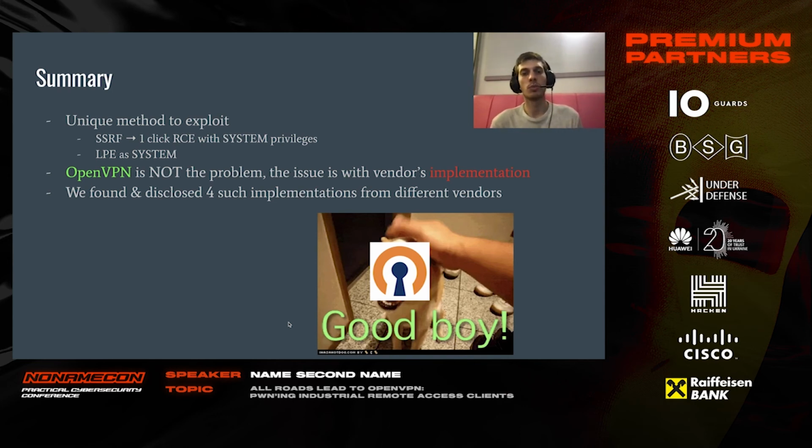In this case, it was a stack buffer overflow. But all in all, we were able to achieve SSRF to one-click remote code execution with system privileges, or at least local privilege escalation as system. But the main point here is OpenVPN is not the problem. The issue is with the vendors' implementation.